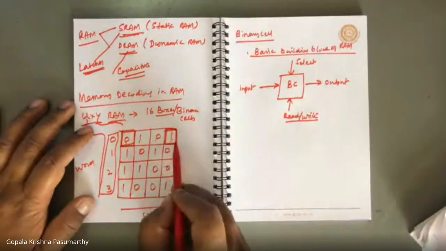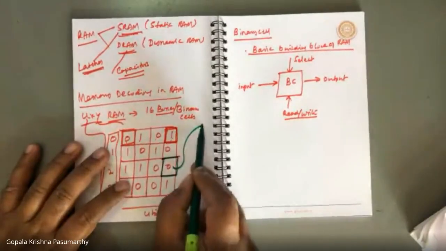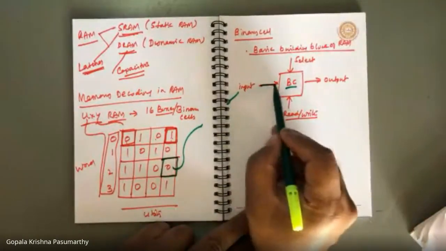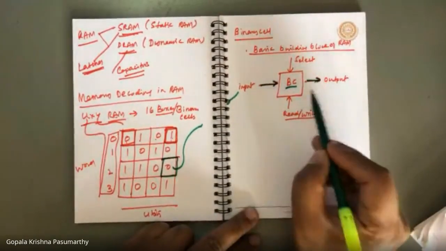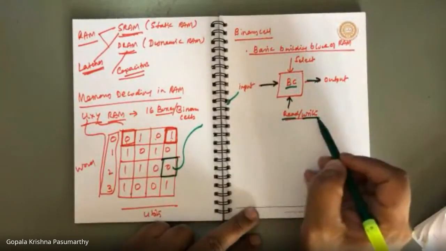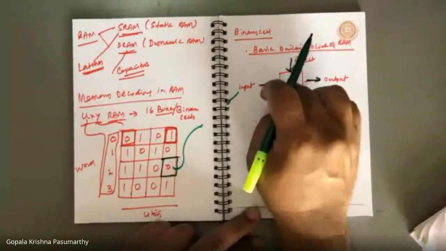Every binary cell can receive input, send output outside, and receive a control for what to perform, whether reading or writing is performed. Select activates or deactivates this cell.